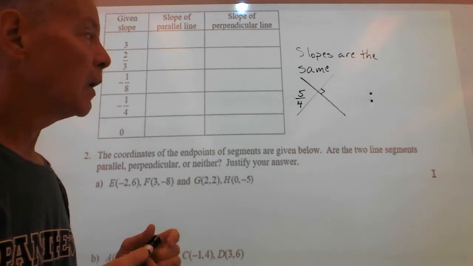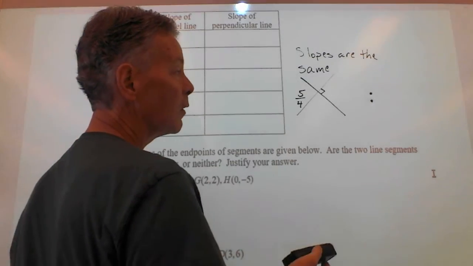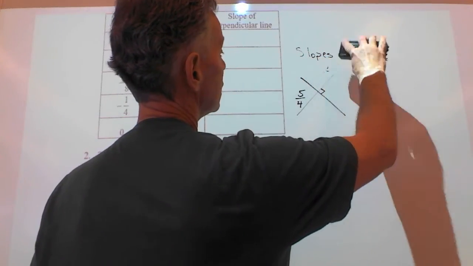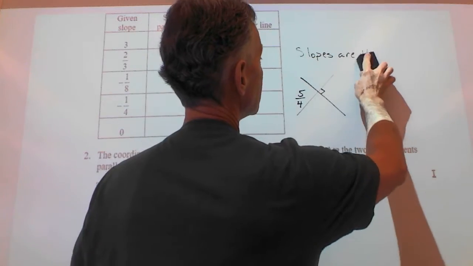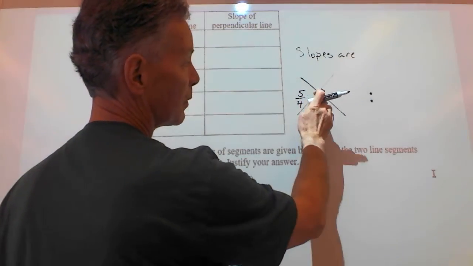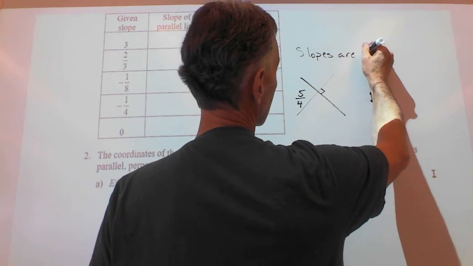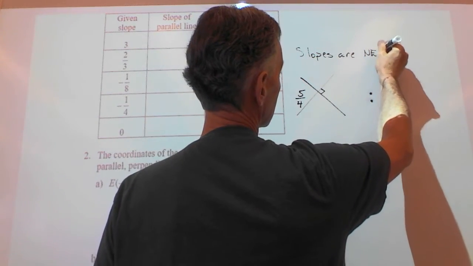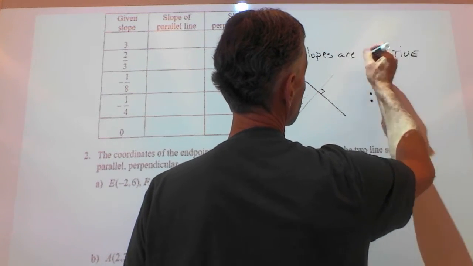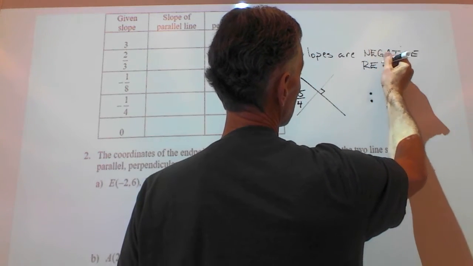If you have two lines that are perpendicular, then their slopes are also related, but the relation is different. So in the case of perpendicular lines, slopes are negative reciprocals.